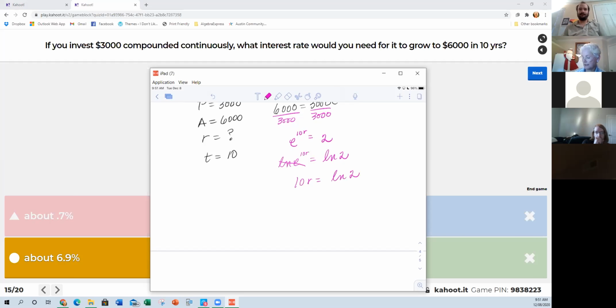And then just divide both sides by 10. And that should give you about 0.069, which is 6.9%.